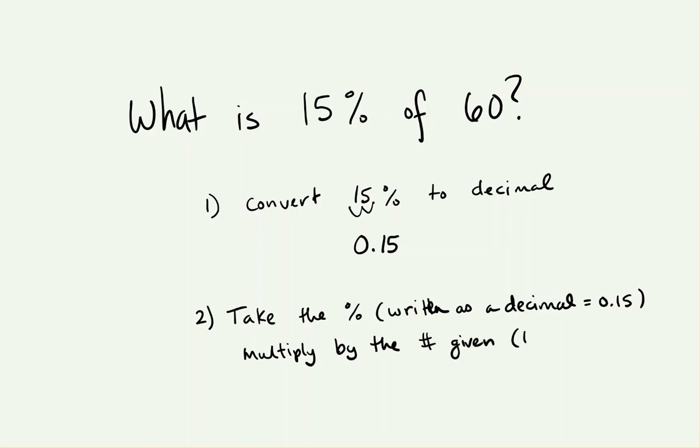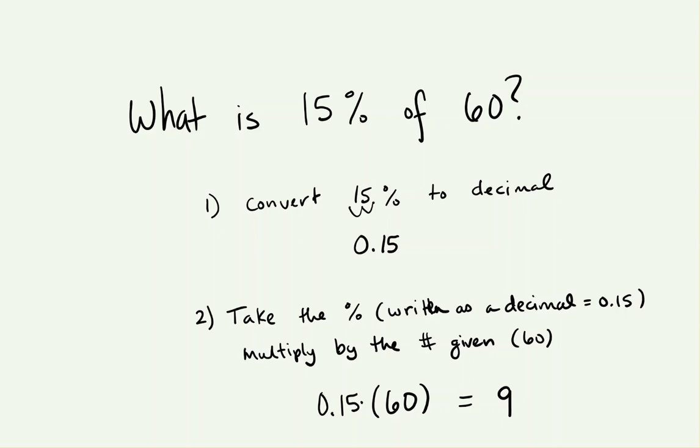In this case, this is our 60. So we are going to write out 0.15 times 60. We would grab our calculators, type this in, and we would get 9. So the number 9 is 15% of 60.